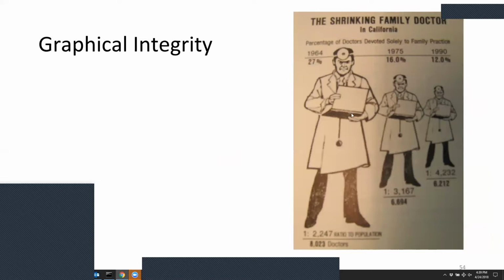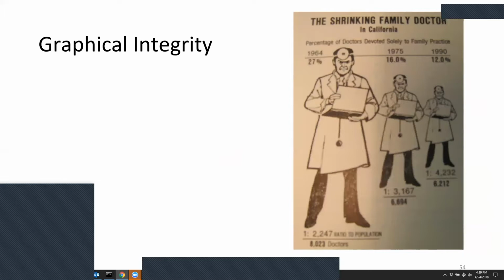We have percentages represented by these characters, these doctors. But the issue is that even though we're using one dimension of information, the percentages going from 27 to 16 to 12, we're using both. You're basically using area. We're changing both the X and Y of the given doctor, so it's heightening these differences.